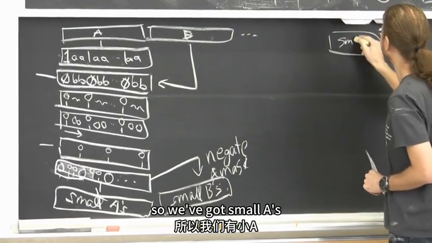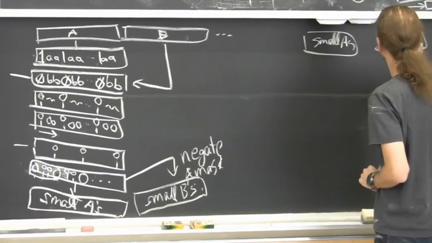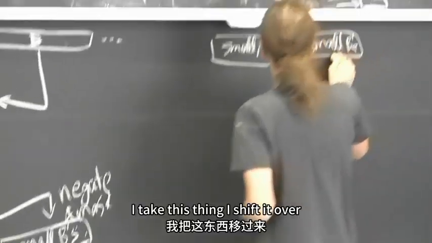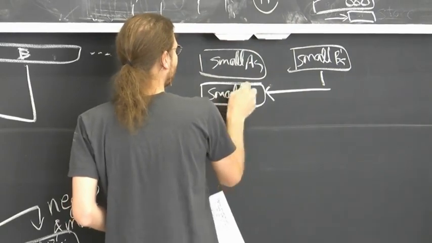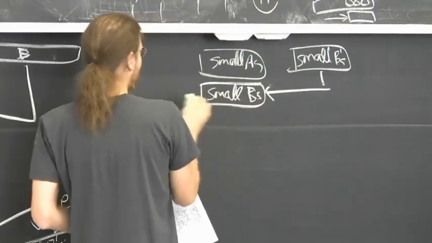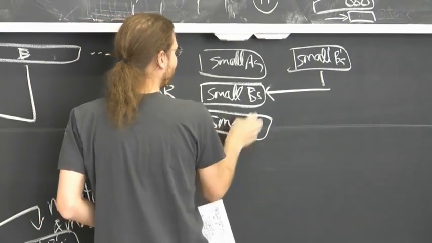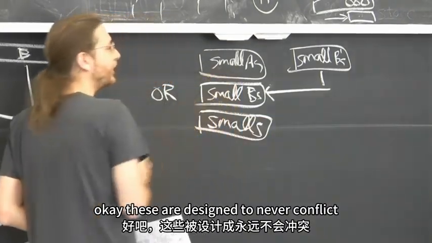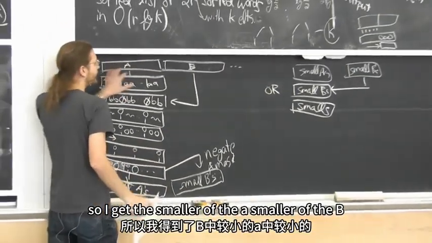So we've got small A's, small B's. I take this thing, I shift it over, so I have small B's here. And then I OR these together, I get all the smalls. Okay, these are designed to never conflict, because I took the inversion here. So I get the smaller of the A's, smaller of the B's.